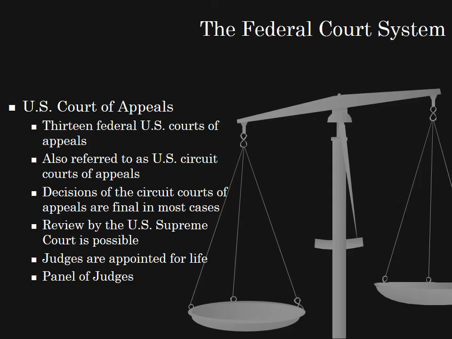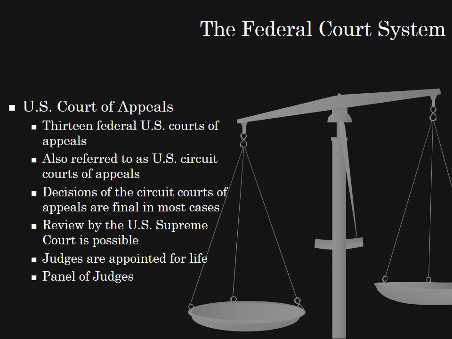Then you have the intermediate appellate courts, and those are the United States Courts of Appeals. There are 13 courts of appeals. You will also hear them called the U.S. Circuit Courts.